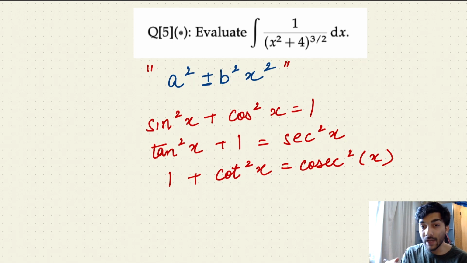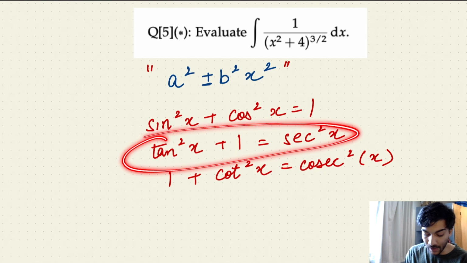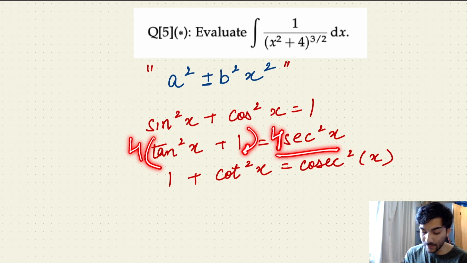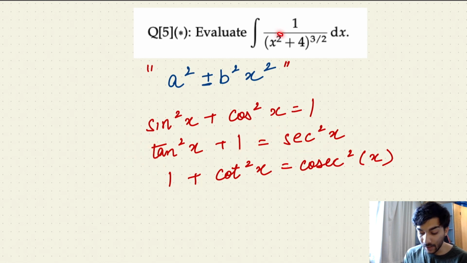Then when you have 4 tan square theta plus 4, you can use the second identity: 4 tan square theta plus 4 can be written as simply 4 secant square theta, right? So if you take your x to be 2 tan theta, you will convert this x square plus 4 expression into just one trigonometric function expression, right?